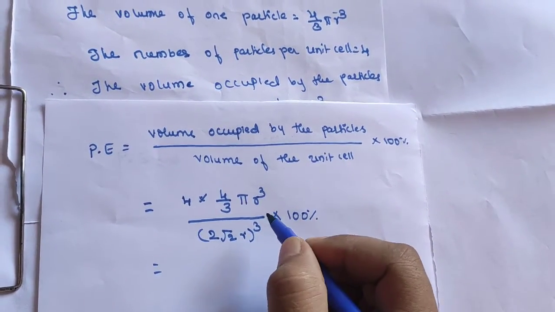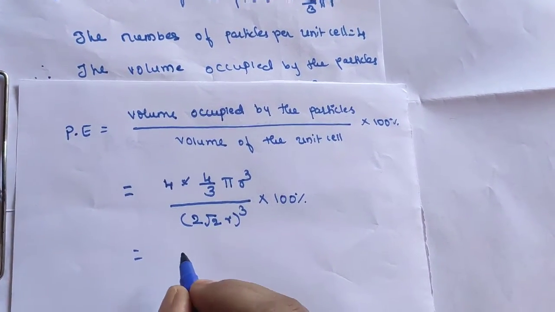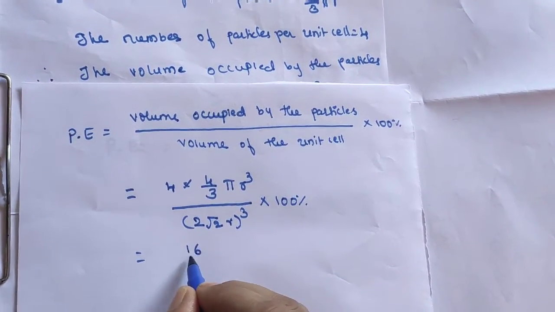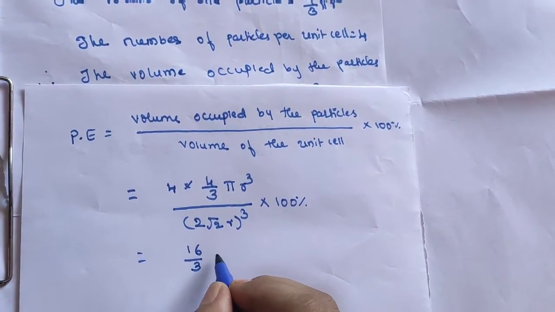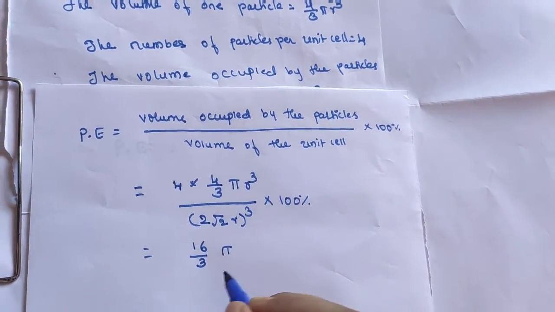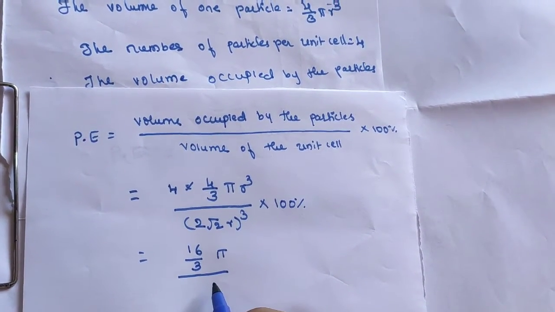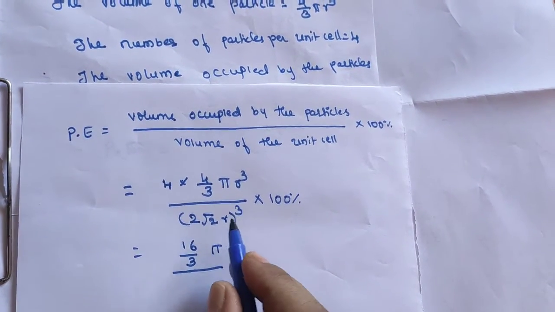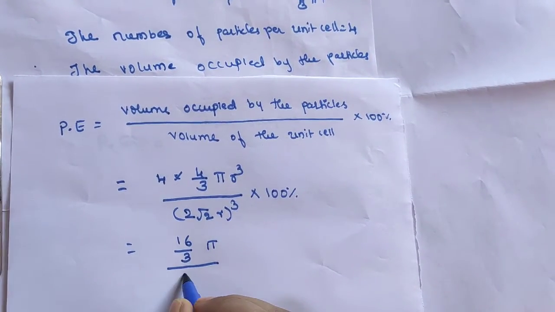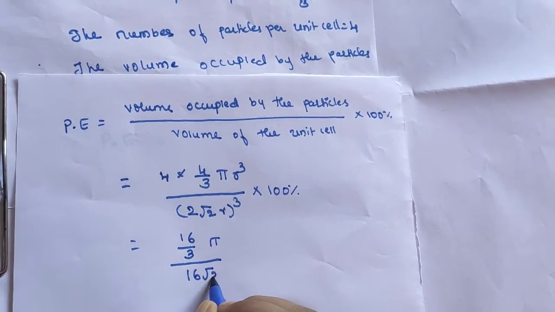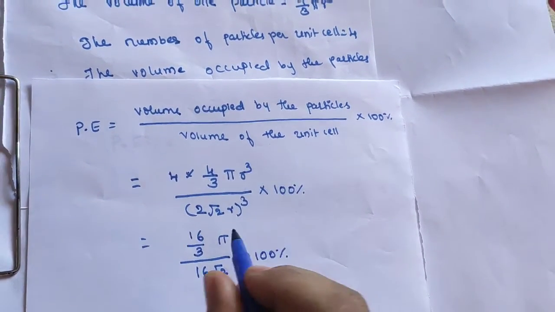We will get r cube cancelled out. Then 4 into 4, that is 16 by 3 pi, divided by, whenever we simplify 2 into root 2 r whole cube, we get 16 into root 2, into 100%.